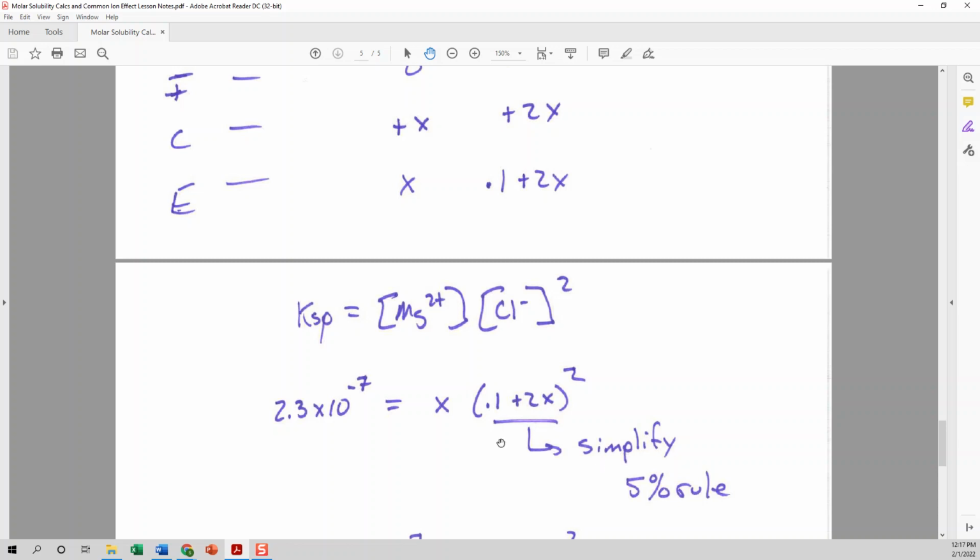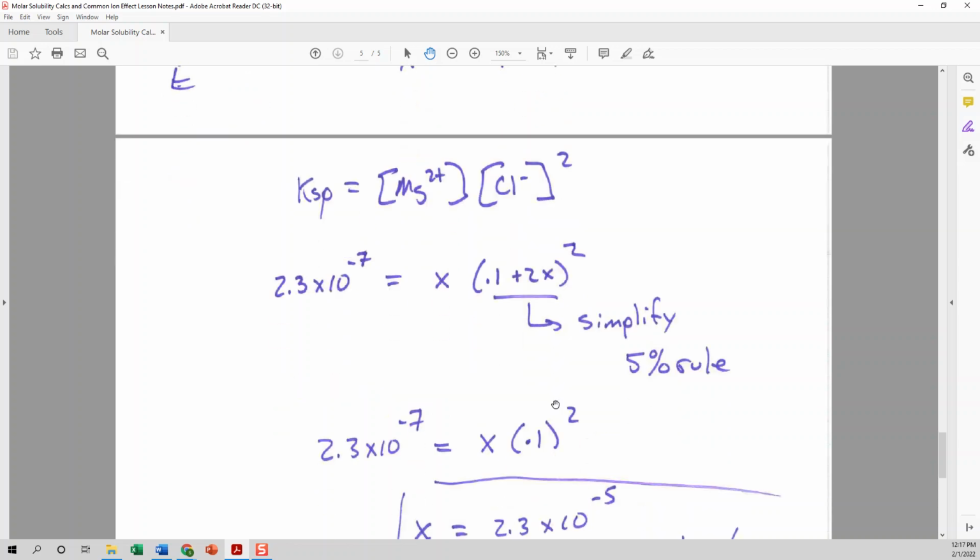Okay, and we call this the 5% rule. If X is less than 5% of the number we're adding it to or subtracting it from, in this case, we're adding it to, we can get rid of that part of the expression. So we're going to simplify that.